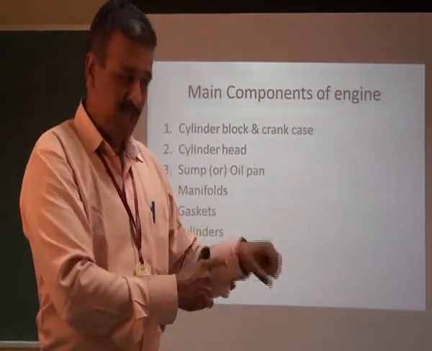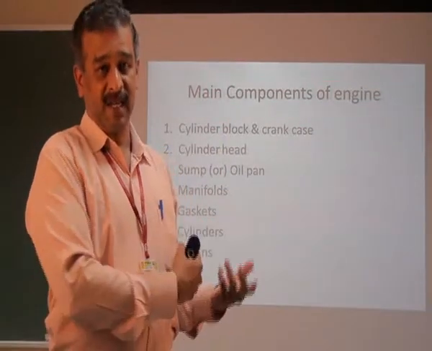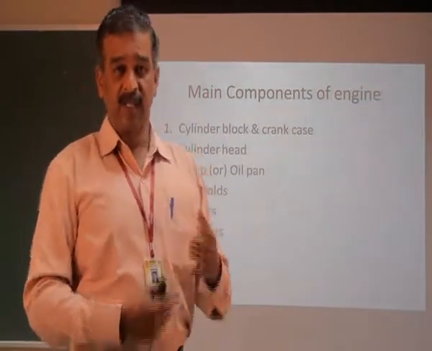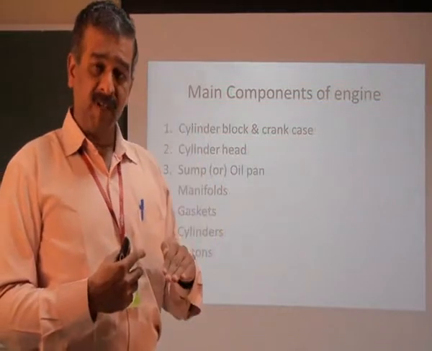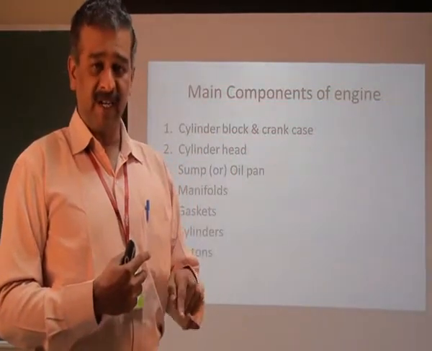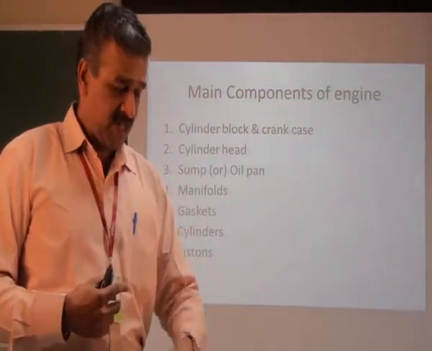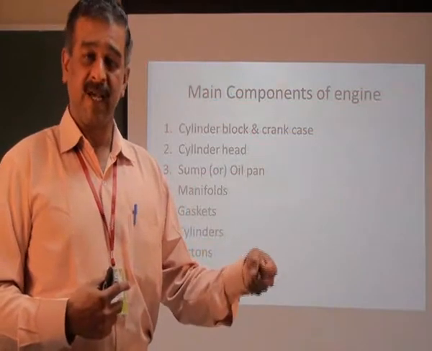Your downward motion is being converted into rotary motion. The same principle occurs in the engine also. The downward movement of the piston transfers the power to the connecting rod. The connecting rod is linked to the crankshaft, which is rotated like this. When you see the diagram, you can understand.